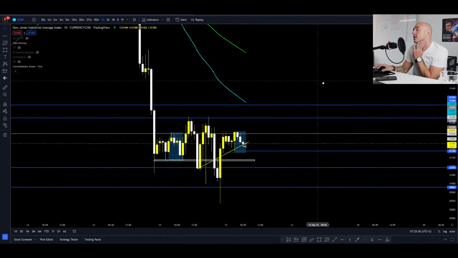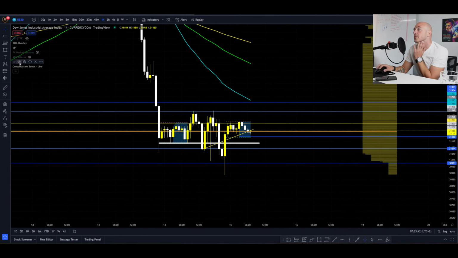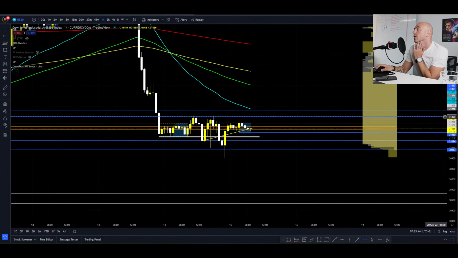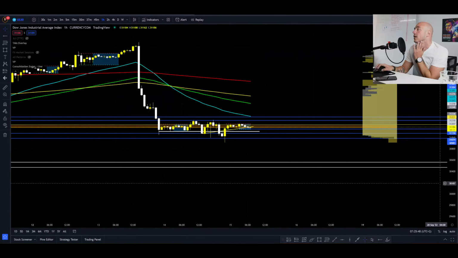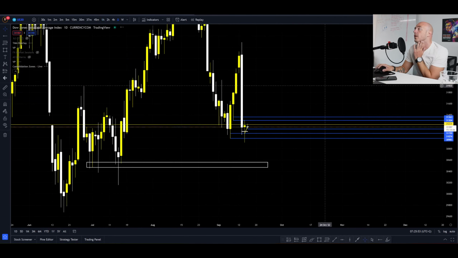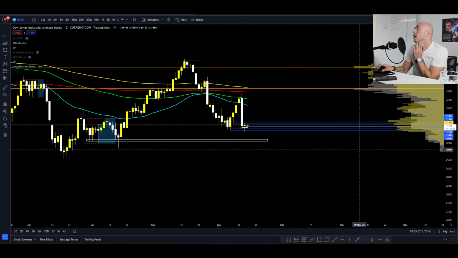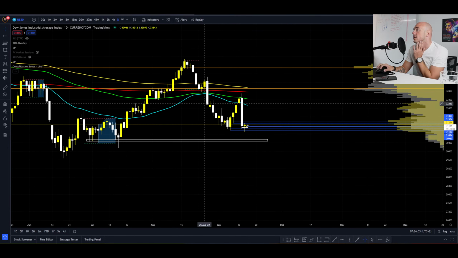Right? So hopefully the volume profiles show it. See what I'm saying? Like this area right here, lots of selling because, you know, boom. And then it came up to just barely touch that area and then boom.